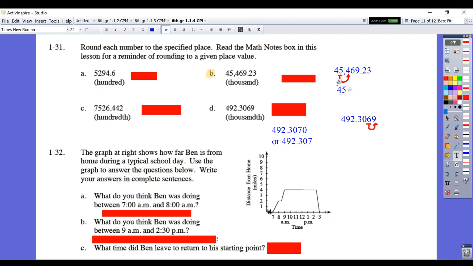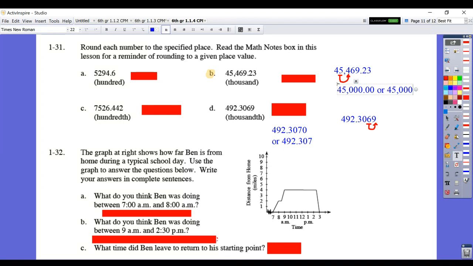So now the indicator number, the 4, has done its job, so it and everything behind it becomes zeros. So we could do our answer like that, or since some of those are zeros behind a decimal point and don't have a real purpose anymore, we could also just make it 45,000. So those are a couple examples for you for 131.